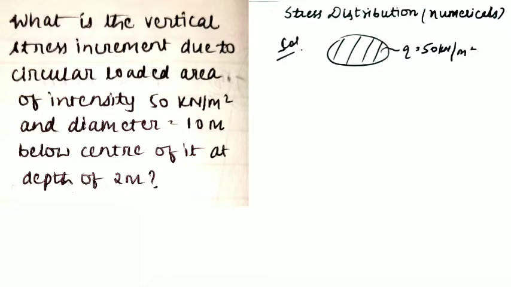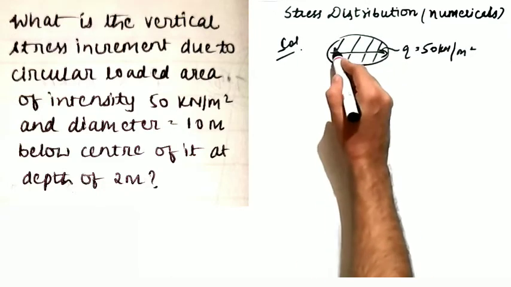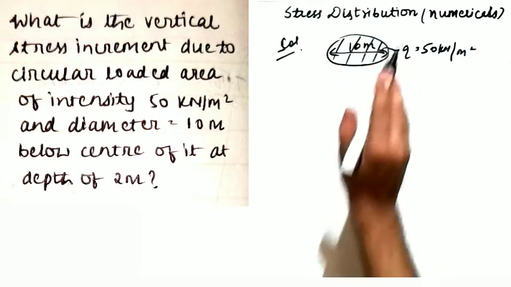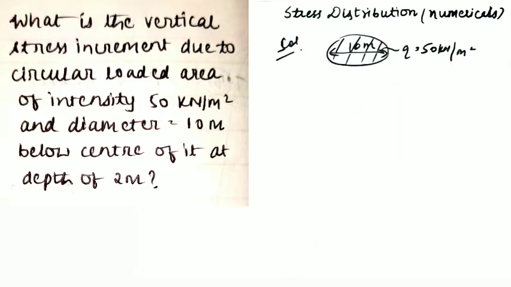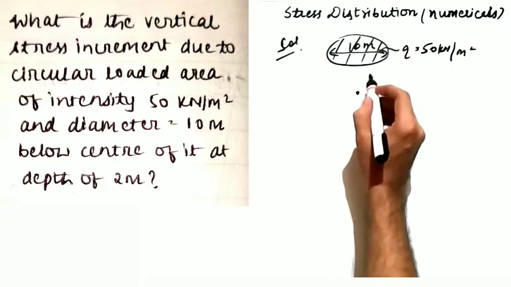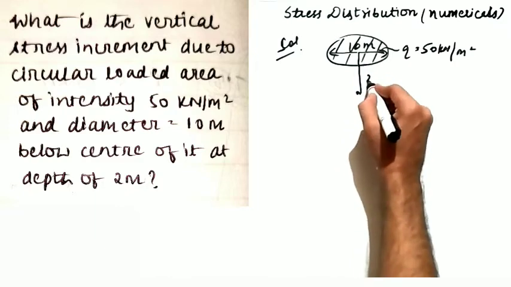The diameter of this circle is equal to 10 meters. This distance is 10 meters. Now you are asked to calculate the stress increment at the center of this circle, and the depth below the center is equal to 2 meters.